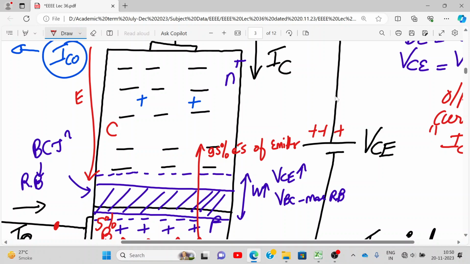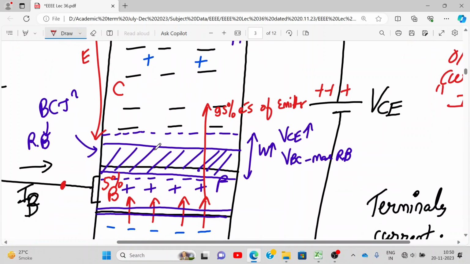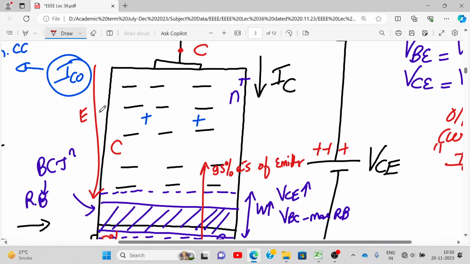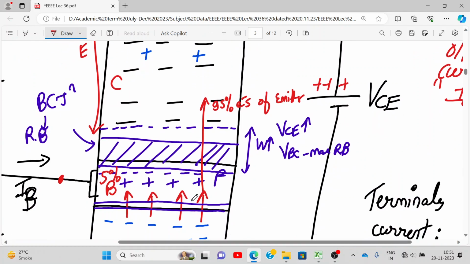So the electrons arriving at the base will be pulled by the powerful electric field, because the space is very wide and the collector region is very large. The more powerful the electric field, the more rapidly it will pull the electrons coming from the emitter into the collector, and hence contribute to the current conduction.